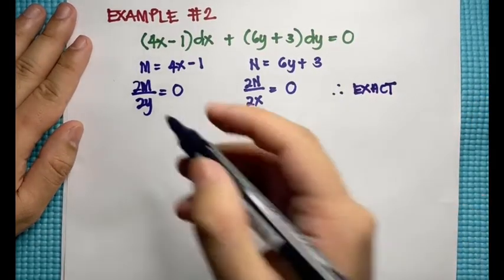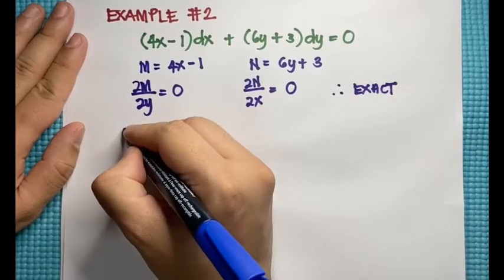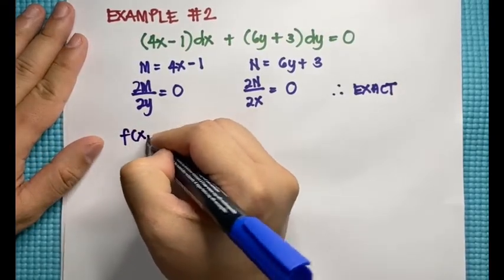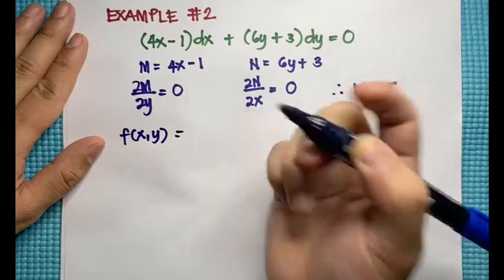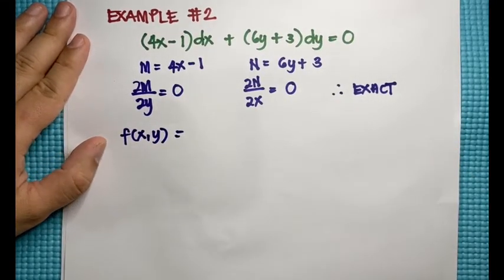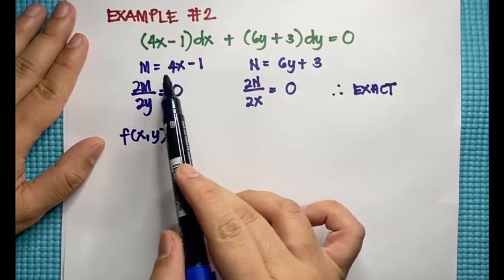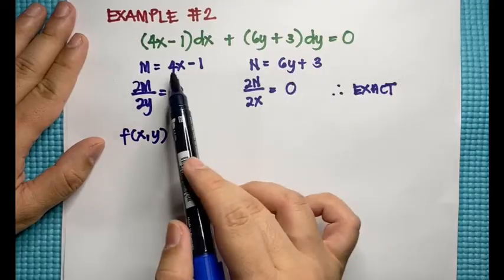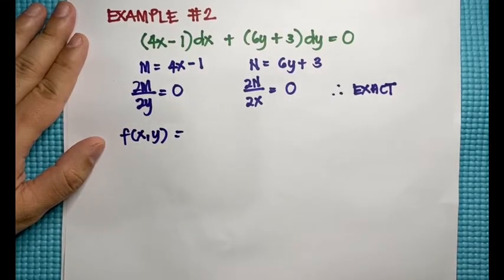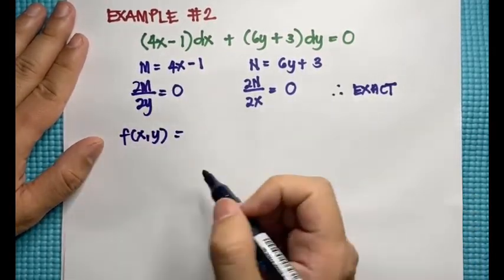So this time, let's proceed with our next step, and that is to integrate. But again, we will be choosing which one we are going to integrate. Are we going to integrate m or are we going to integrate n? In this case, it doesn't matter, because both functions have the same number of terms, and it's not actually complicated to integrate either of the two.